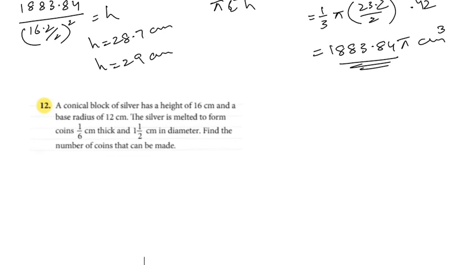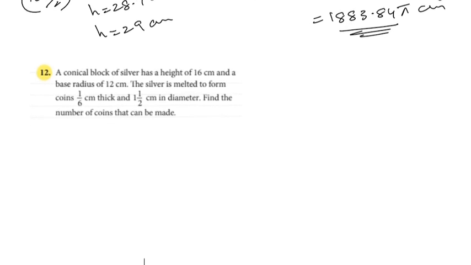Now, the last question of this video: a conical block of silver has a height of 16 centimeters and a base radius of 12 centimeters. The silver is melted to form coins 1 by 6 centimeter thick and 1 whole 1 by 2 centimeters in diameter. Find the number of coins that can be made. We have to find the volume of the conical block, which is 1 over 3 pi r square h.